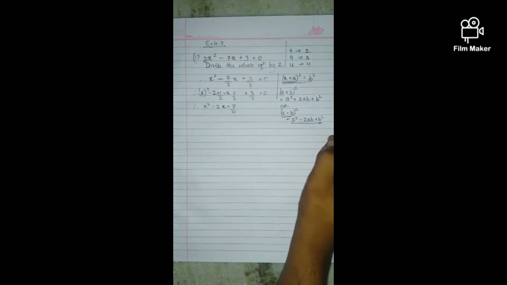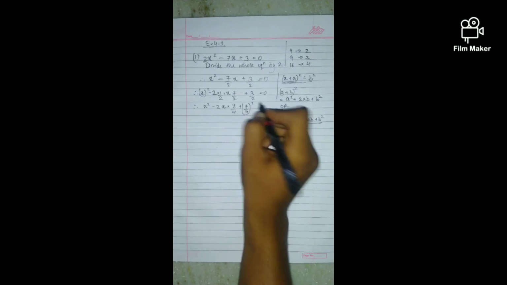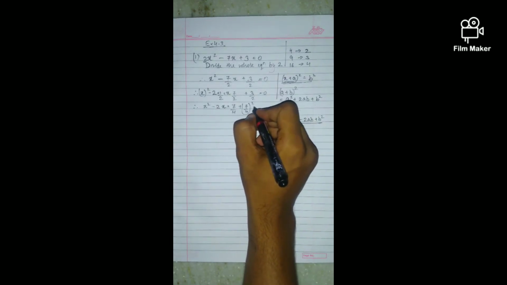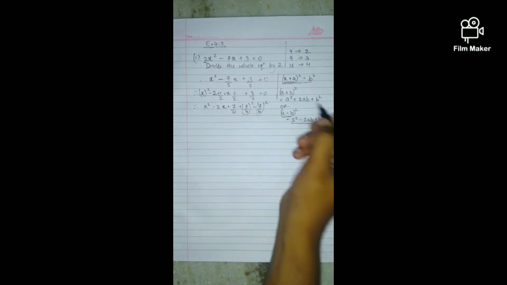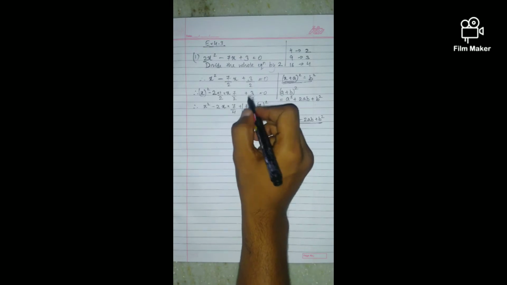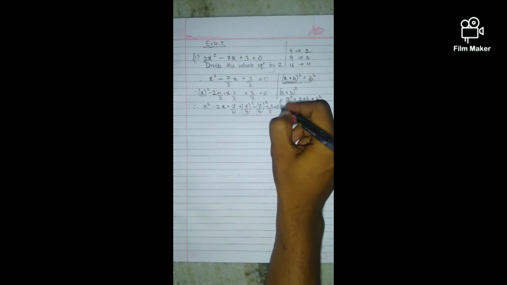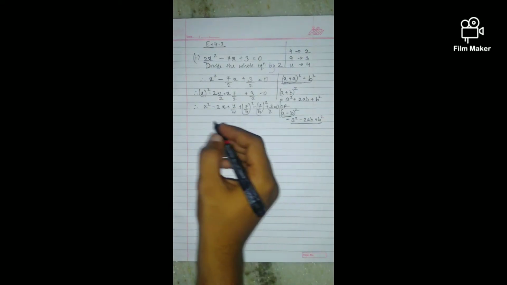We need plus b square, so plus 7 by 4 the whole square. We have added 7 by 4 the whole square, so we have to subtract also 7 by 4 the whole square. We are left with this term, that is plus 3 by 2 is equal to 0. Is this a bit complicated? Trust me, it's not.